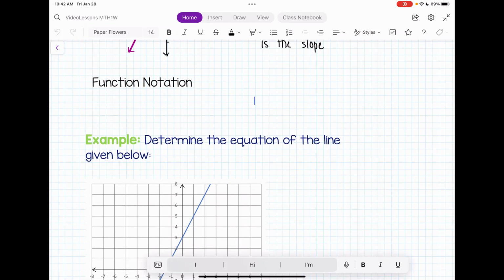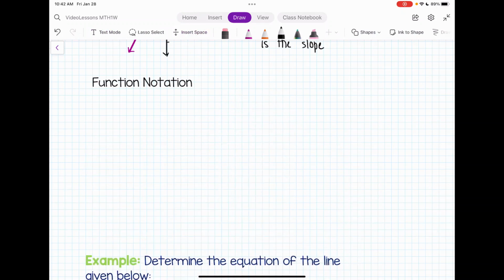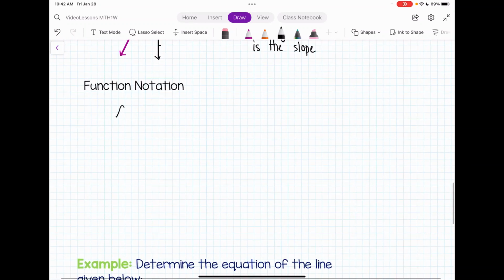I'm going to create some space for us to write. Okay, so function notation is given like this. F with these brackets x. Sometimes it'll be g, sometimes it'll be h. When we look at linear relationships in real life scenarios, sometimes we'll be talking about cost, so then we might use c.